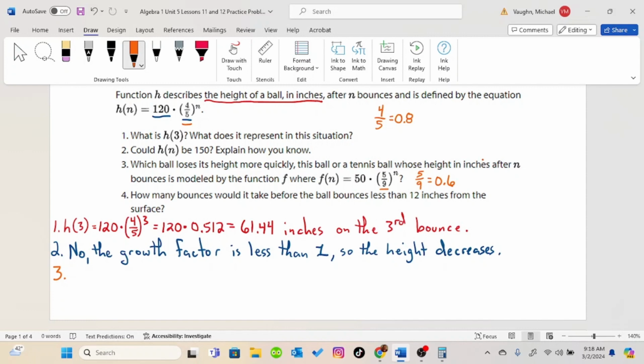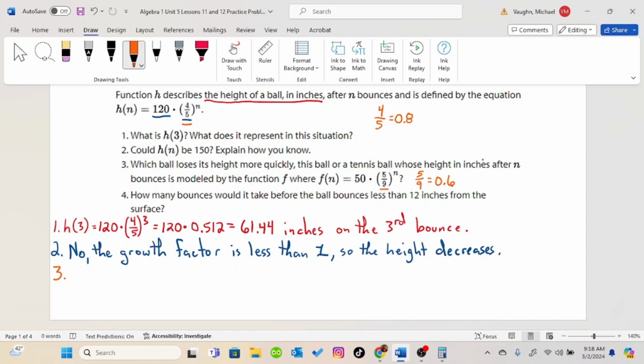So the first ball maintains 80% of its height each bounce, so it loses 20%. The tennis ball only maintains 60% of its bounce, so it loses 40% every time.